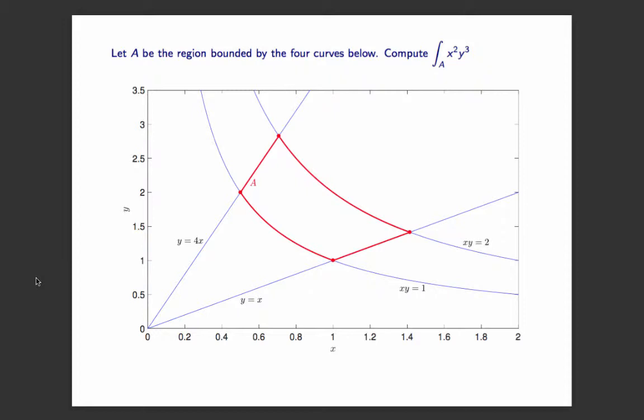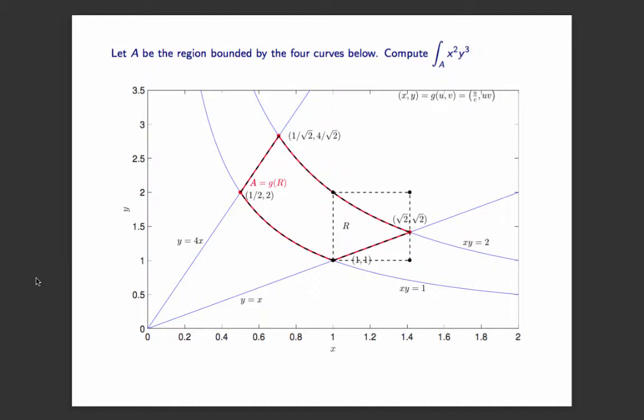Of course, we could set each pair of curves equal to each other and solve for those corner points. And in fact, we can show that A is just a warping of a rectangle with width 1 to the square root of 2 and the vertical edge going from 1 to 2.